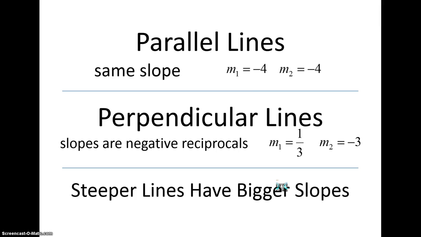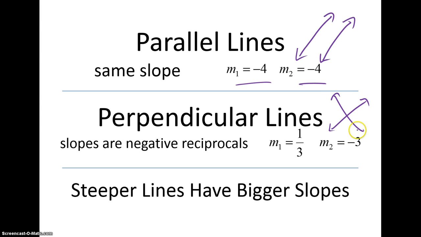Some things to remember also, that parallel lines have the same slope. So 2 lines that are parallel look like this, which we know from geometry. They never intersect, hence the slopes being the same. Lines that are perpendicular intersect to form right angles, and their slopes are negative reciprocals, meaning one is positive, one is negative.